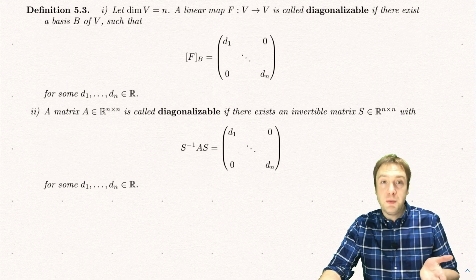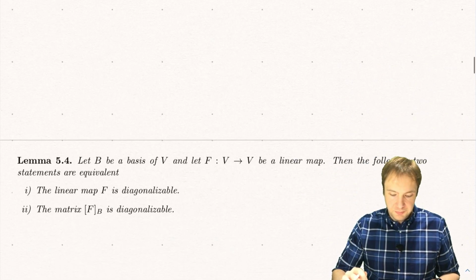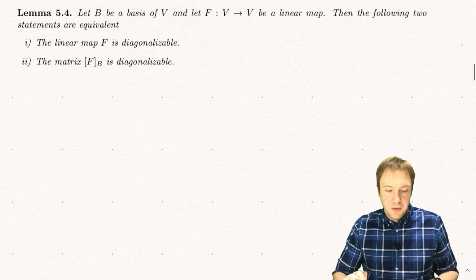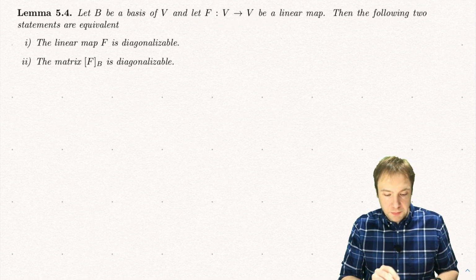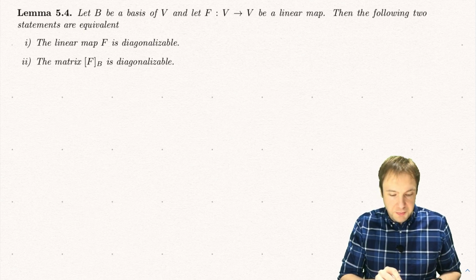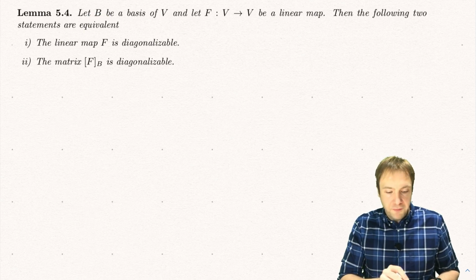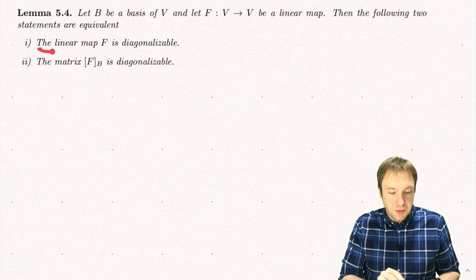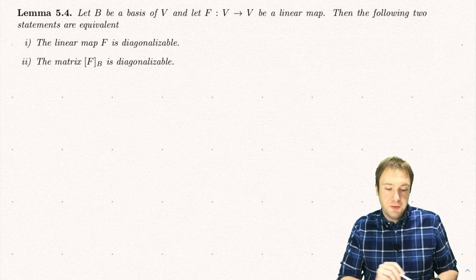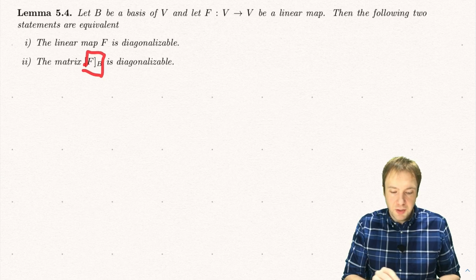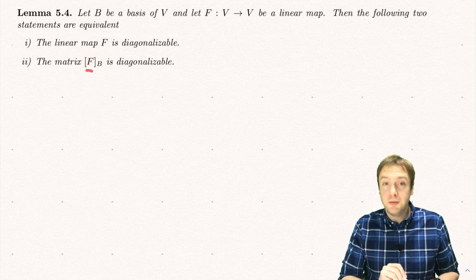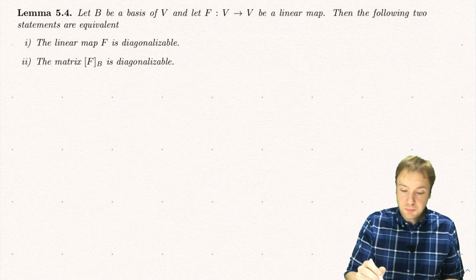And this first statement says that this is basically the same. So if I have a linear map F and B is some basis, then the following statements are equivalent. If this linear map F is diagonalizable, then also the matrix attached to an arbitrary basis of this linear map is diagonalizable.